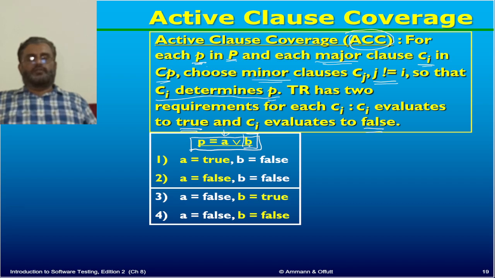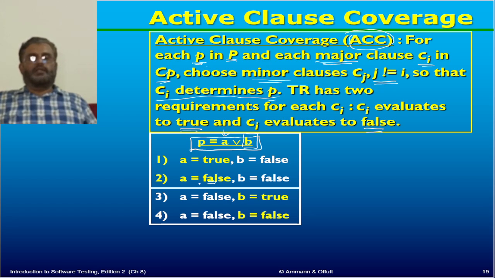Now you can imagine that if B is false, then whatever the value of A is will be the value of the whole predicate. If I set A to true, then the predicate will be true, and if I set the value of A to be false, then the whole predicate will be false. It means when we set B equal to false, then A is determining the value of the whole predicate.